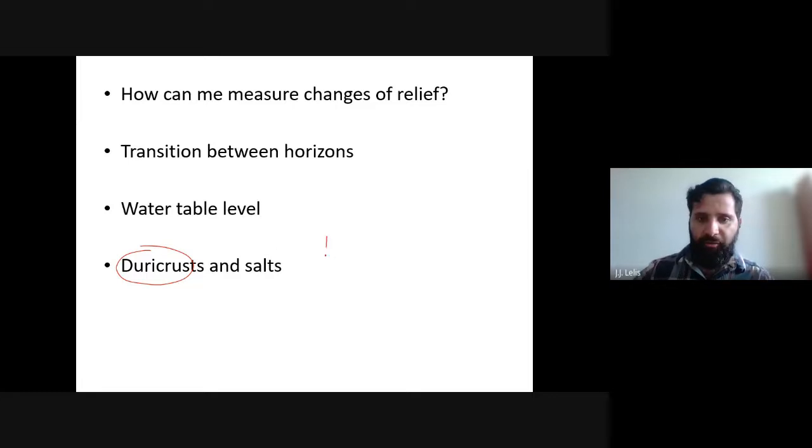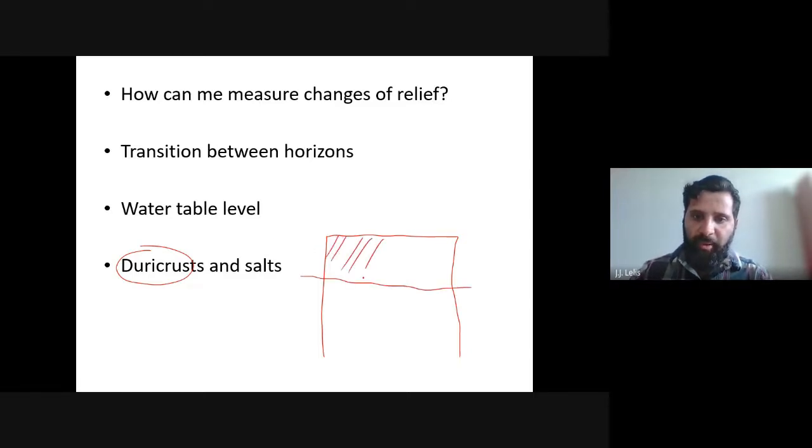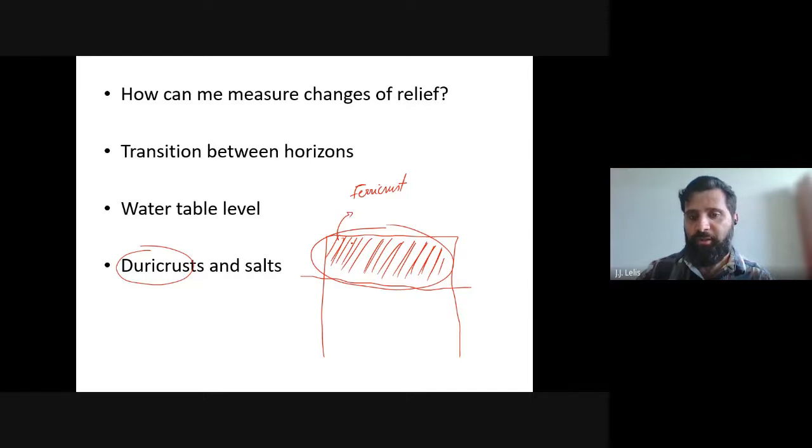Like if you found on a piezoplint surface a horizon or a layer that is a terry crust or a fairy crust on the surface, okay, I found a layer or horizon that's cemented by iron. I know that this condition is not formed in the surface, only in the subsurface horizon.